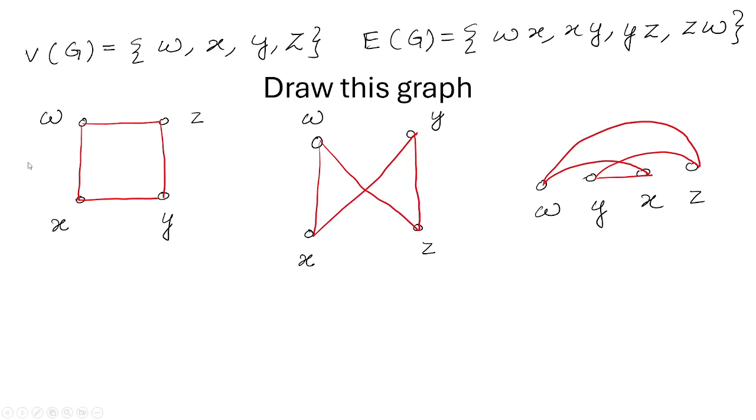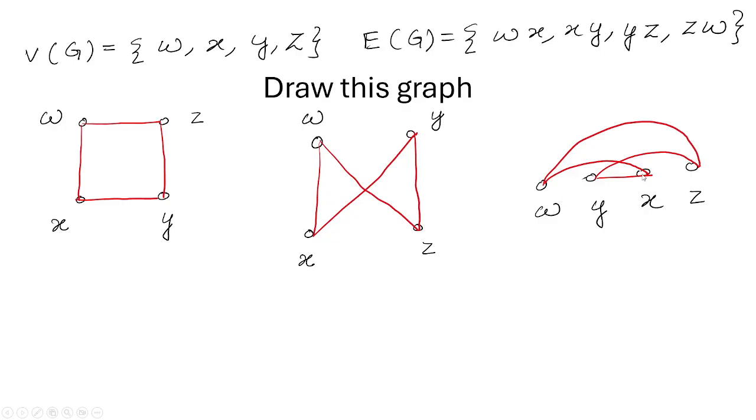Why? If you look at W, what are the adjacent vertices? Z and X. So here, Z and X are adjacent. If you look at Y, X and Z are adjacent. Hence, these two are the same.